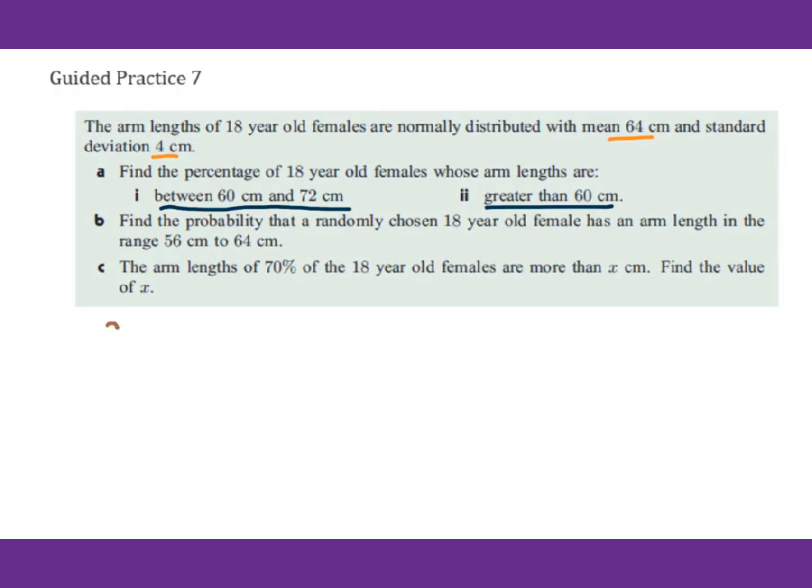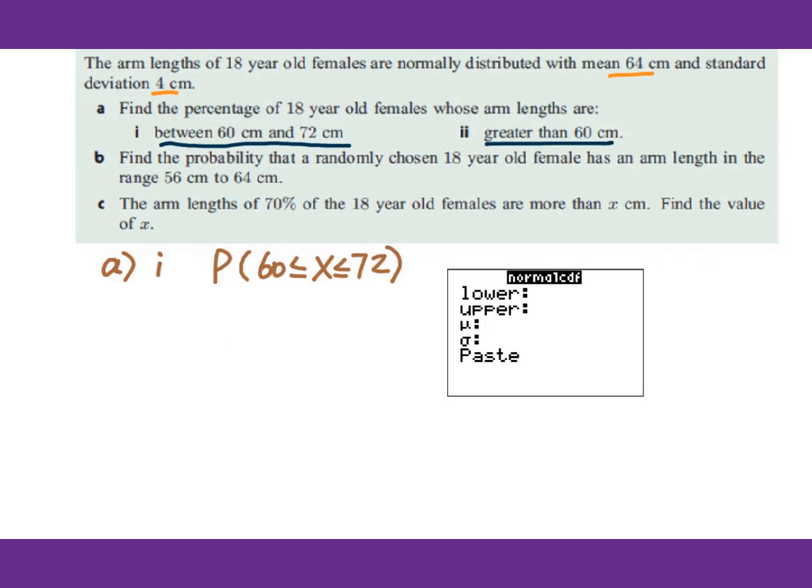For A1, we're looking for the probability X between 60 and 72. We have to use normal CDF. Lower will be 60, upper is 72. 64 is the mean and 4 is the standard deviation. Put it into the graphing calculator and you will get 0.819.